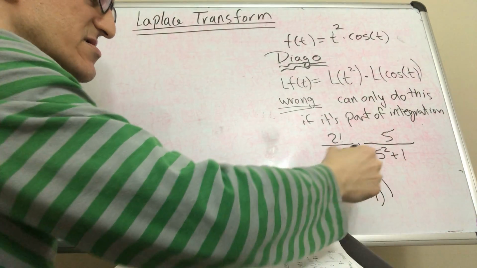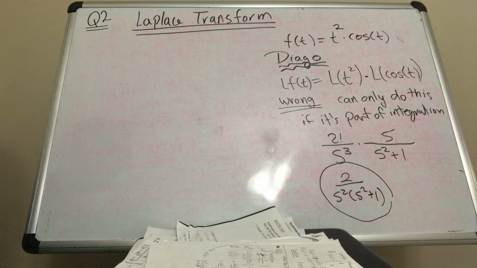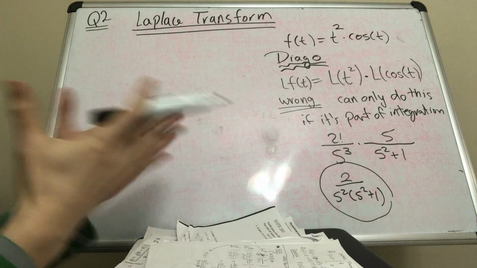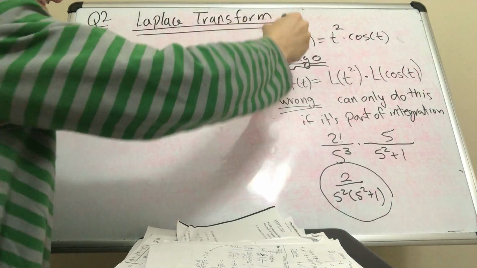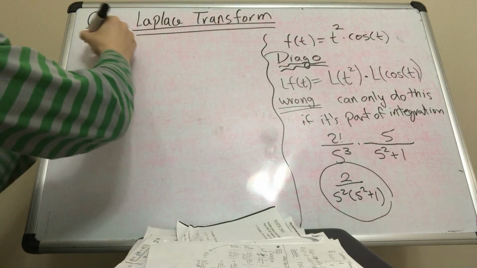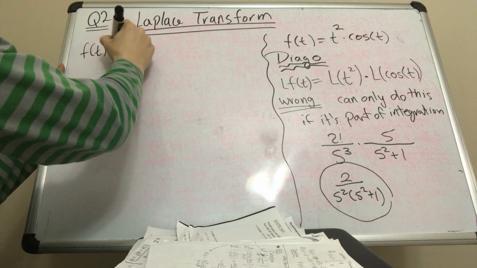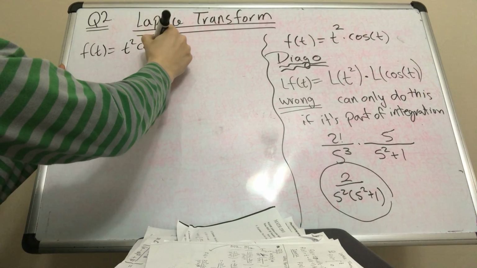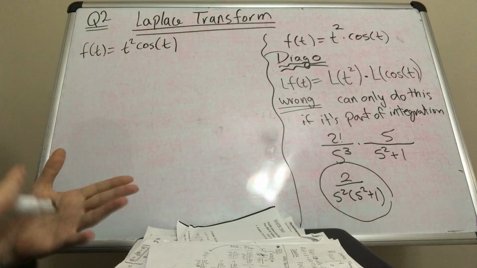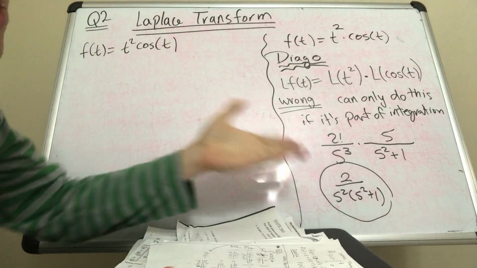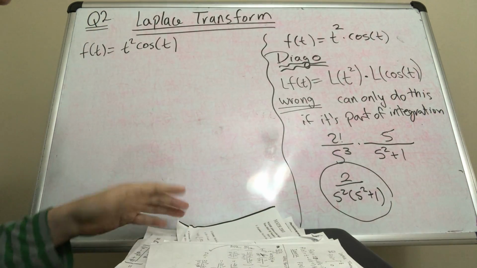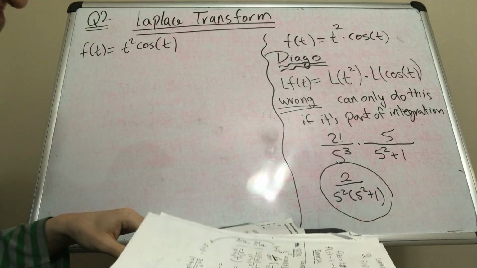Well, but he did it for the t to the 5, but again, he did it as a product. Now, if you go to any website where you can do the transformation, you're not going to see this answer because that's not the answer.